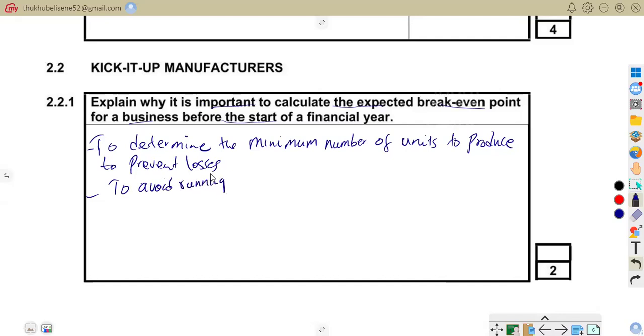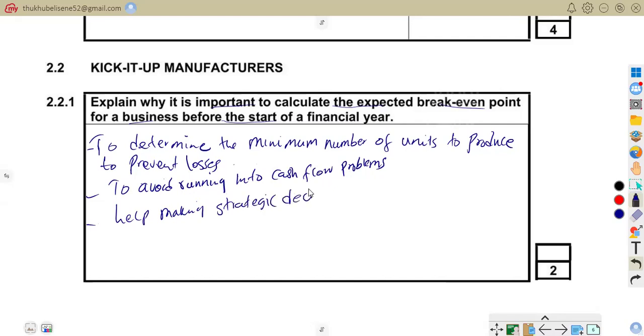Also, it helps in making strategic decisions before money is spent. So that is that.